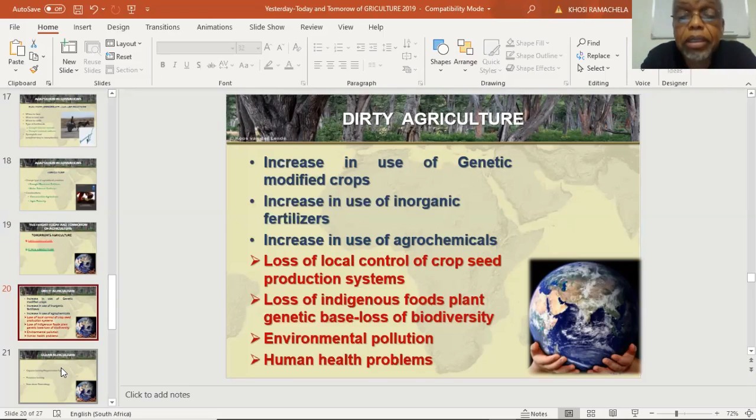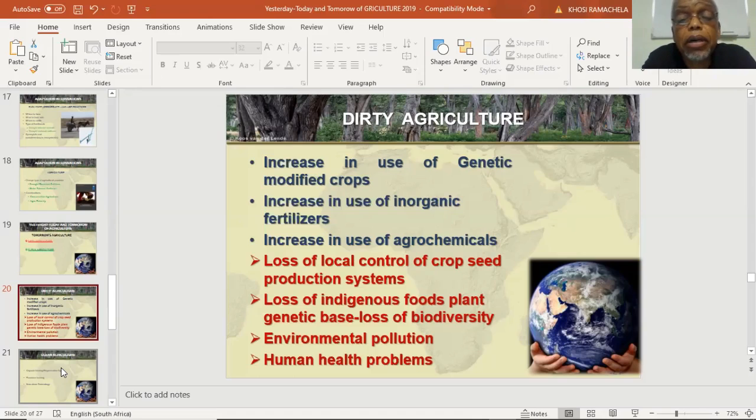Because most of our crops have relatives in the wild, if there's a crossover of genes, like drought-resistant genes or disease-resistant genes, it means we have super weeds in our systems, and that is an issue which we would not want.